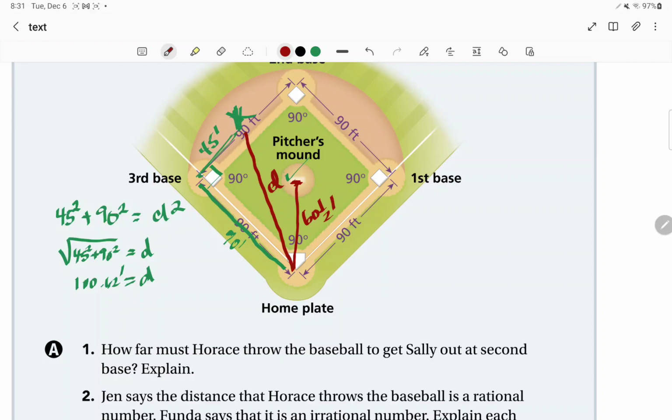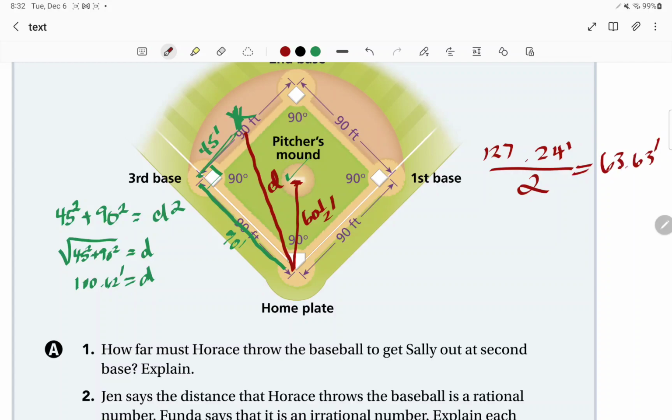Now here's the tricky part. The pitcher's mound is not halfway between home plate and second base. Right, because we know that the distance between home plate and second base was 127.28 feet. Let's round it to 0.24 feet. That's fine. Right, and if we find half that distance, that gives us 63.63 feet.